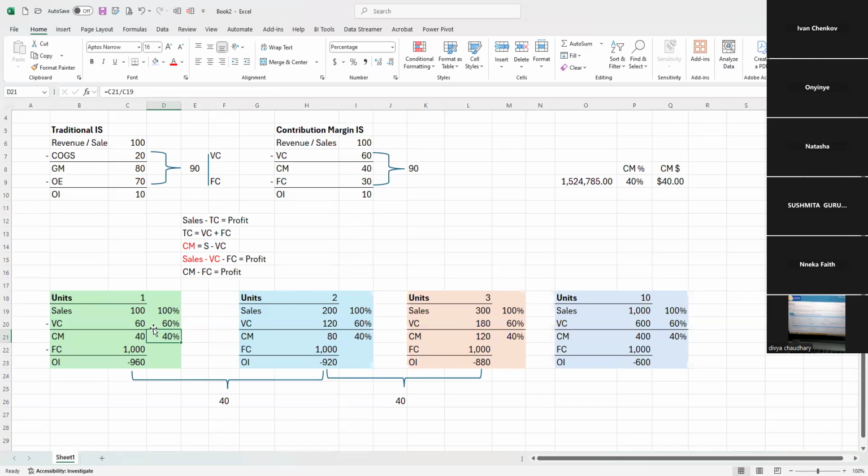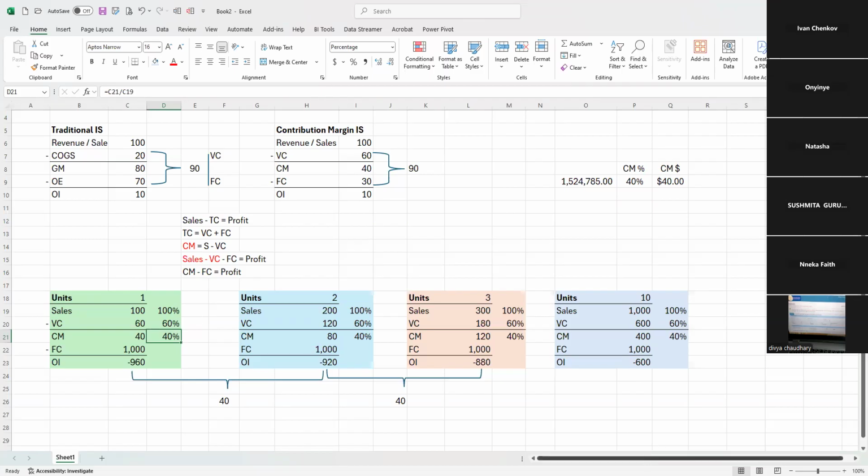For every dollar, I'm going to keep only 40 cents. And that always stays the same. For every additional dollar that I'm selling, 40 cents are for me, 40 cents, 40 cents.